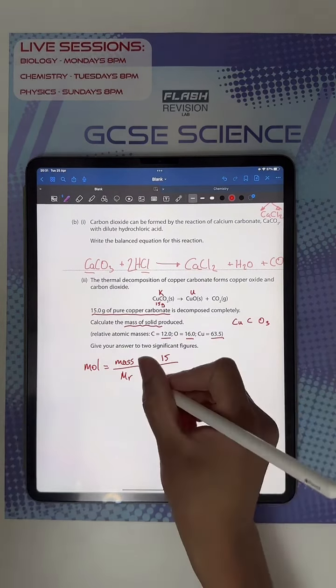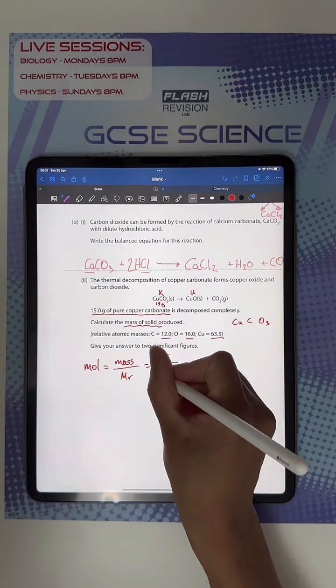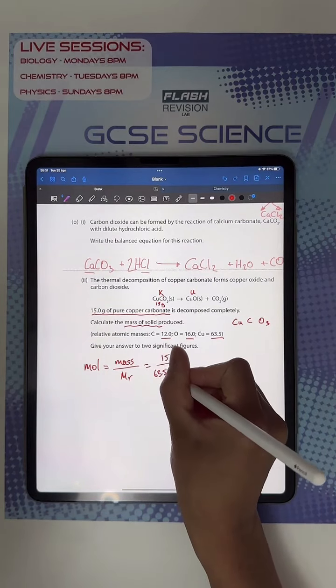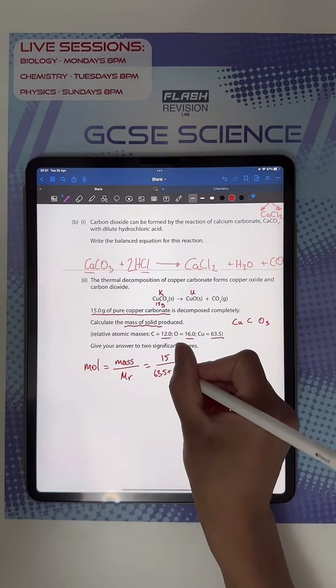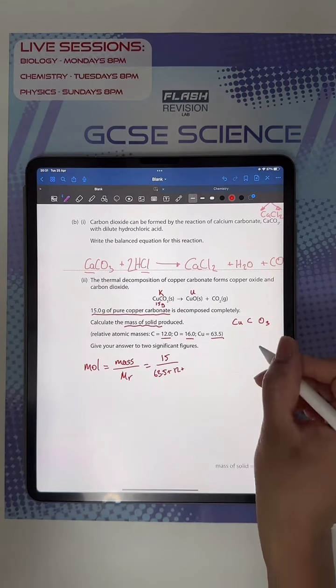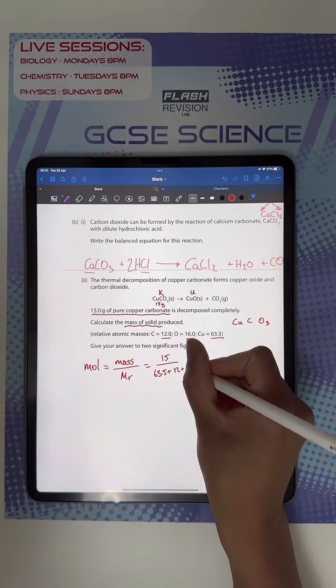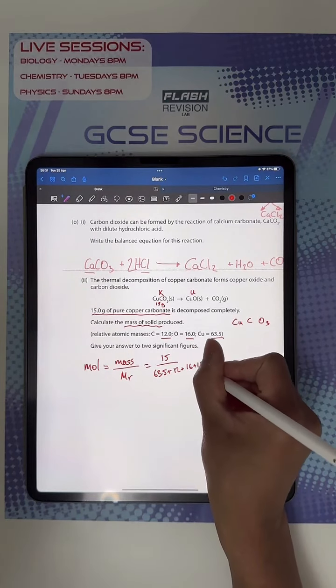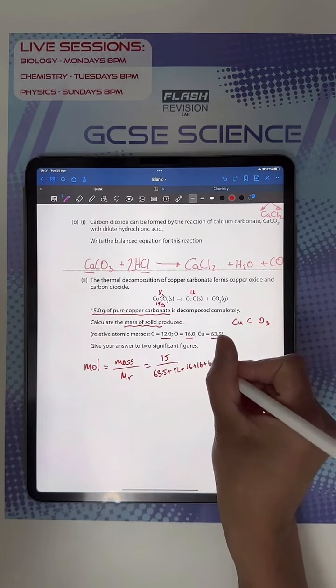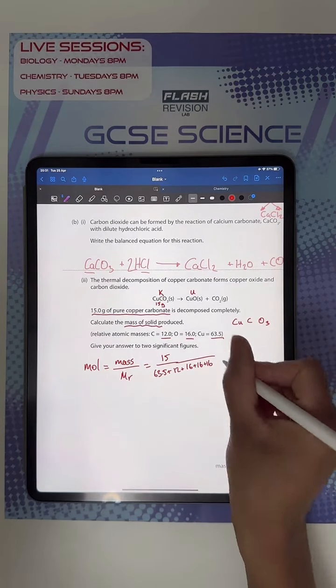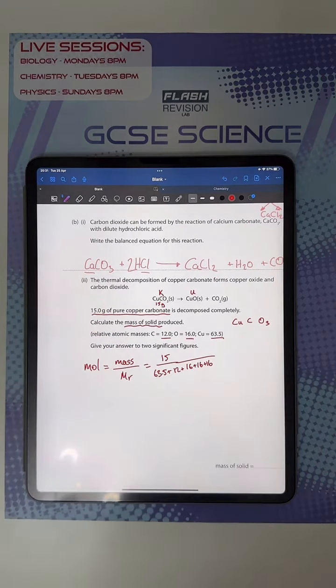Okay, so this is what you have to do, guys. Cu is 63.5 plus C12 plus O3, CuCO3, you need to do 3 oxygens. So 16 plus 16 plus 16, which is 123.5.